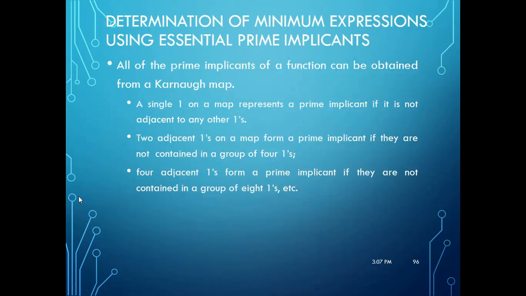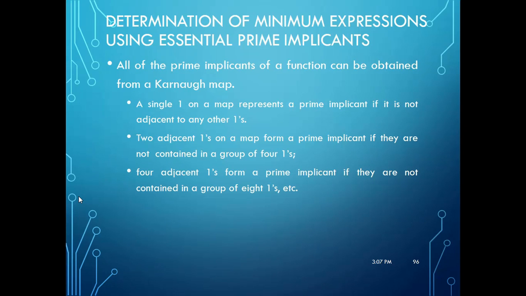Now let us see how to find a prime implicant from a K-map. The first rule is a single one on a map represents a prime implicant if it is not adjacent to any other ones. In the previous example there was one single one, but it was not a prime implicant, because it could be combined with adjacent ones.